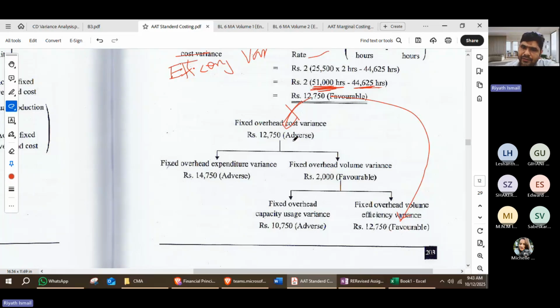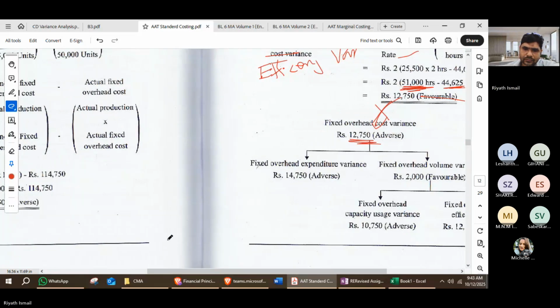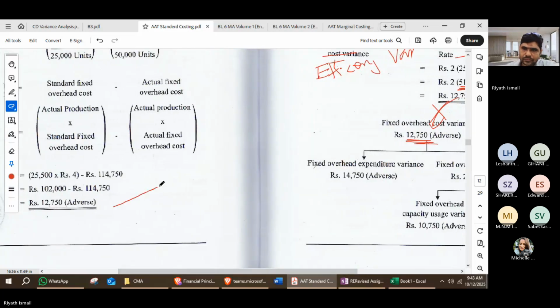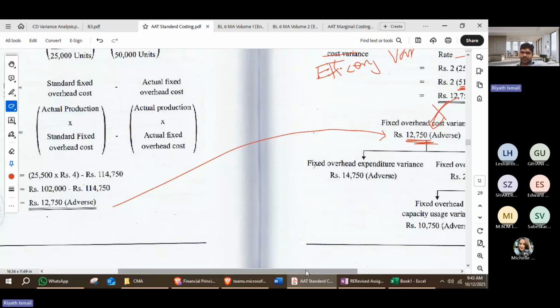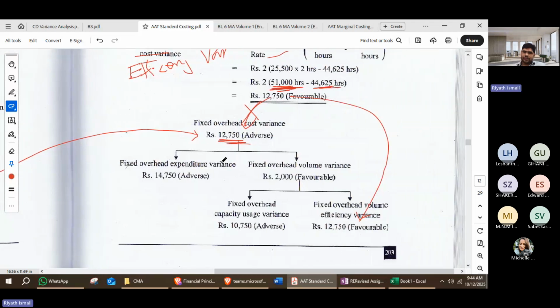So the fixed overhead can be divided into this 12,750 adverse coming from here. Right? Fixed overhead cost variances 12,150.